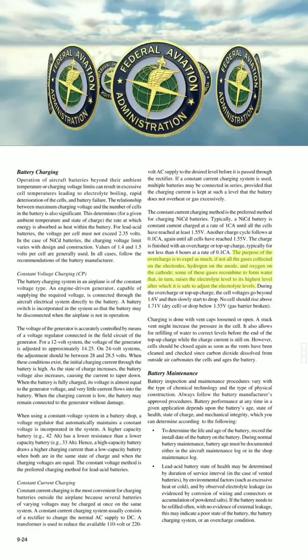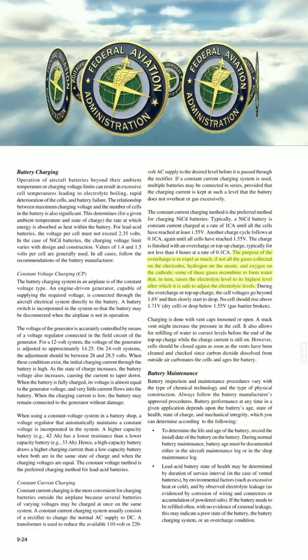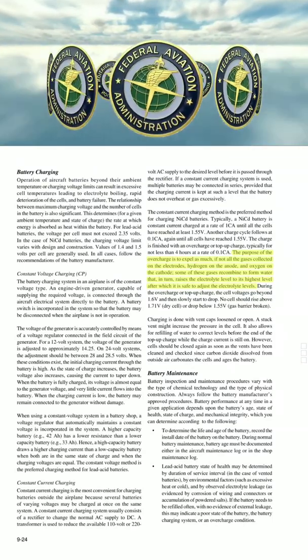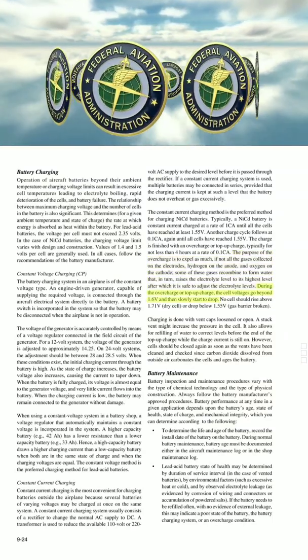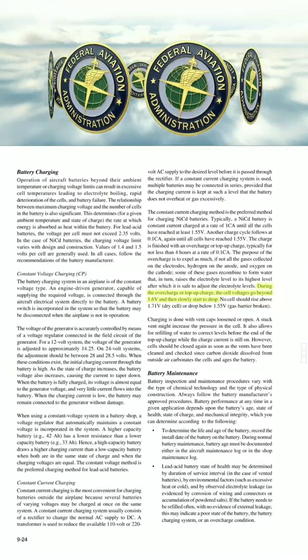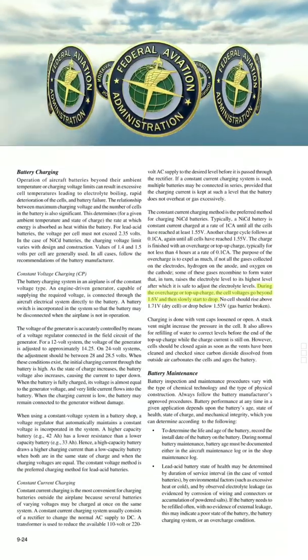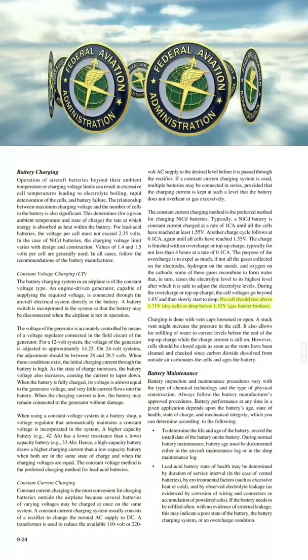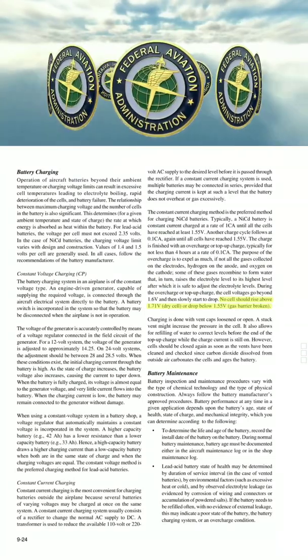Some of these gases recombine to form water that, in turn, raises the electrolyte level to its highest level, after which it is safe to adjust the electrolyte levels. During the overcharge, or top-up charge, the cell voltages go beyond 1.6 V, and then slowly start to drop. No cell should rise above 1.71 V, dry cell, or drop below 1.55 V, gas barrier broken.